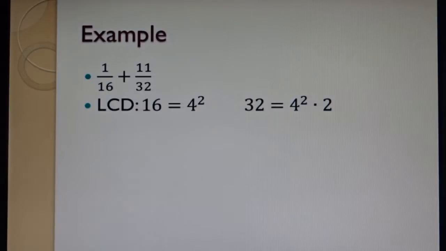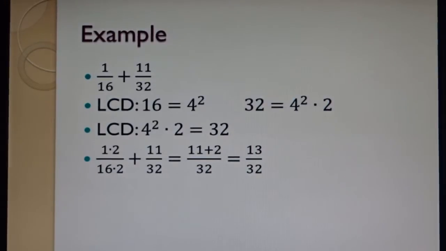Notice that my denominator in the first fraction is only missing a 2. So we're going to multiply that first fraction, that first denominator and numerator, by 2. So our LCD here is 32. When I multiply the numerator and the denominator by 2, I get 2/32.